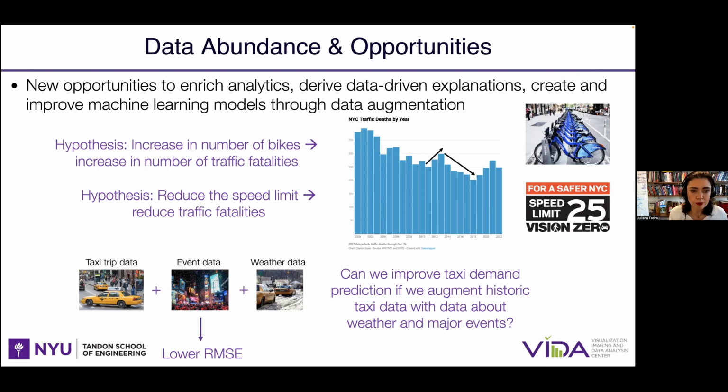So here I have a few examples of what we can do if we can discover data. These blue bars here show the number of traffic deaths by year in New York City.